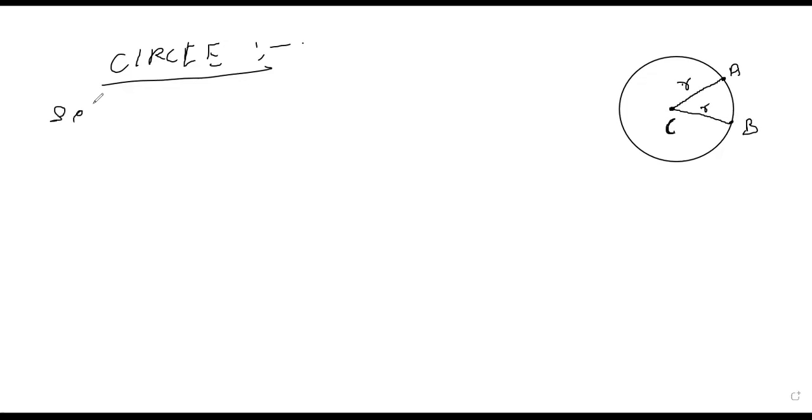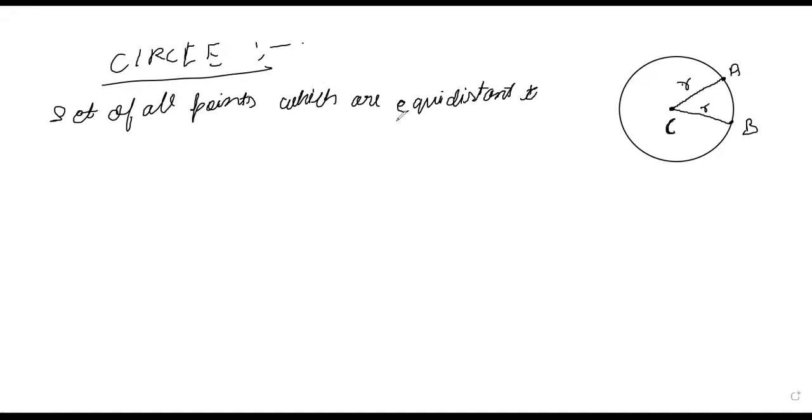So circle is nothing but the set of all points which are equidistant from a fixed point, and the fixed point is the center of circle.